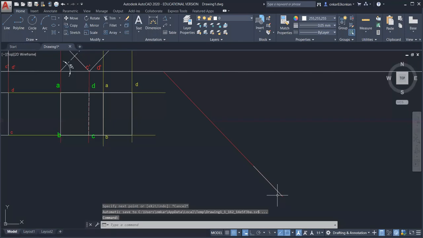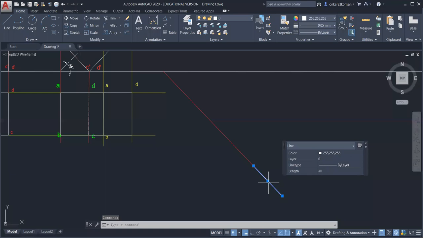So this line represents the AB. Now complete this view as it is. For that, you have to transfer all the distances on this view. First draw two vertical lines perpendicular to this line.